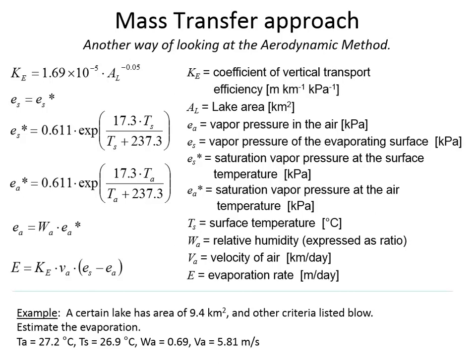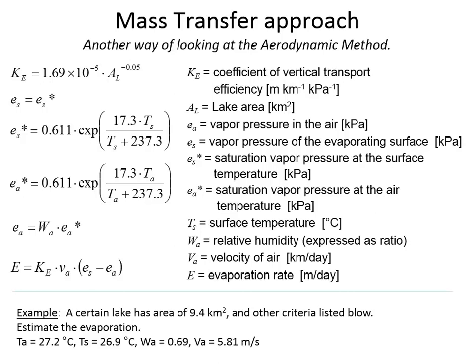In the problem statement it says it's 69% humidity, so we use 0.69 there, times the 3.620 kPa. That gives 2.50 kPa. And again, that is the vapor pressure of water in the air.